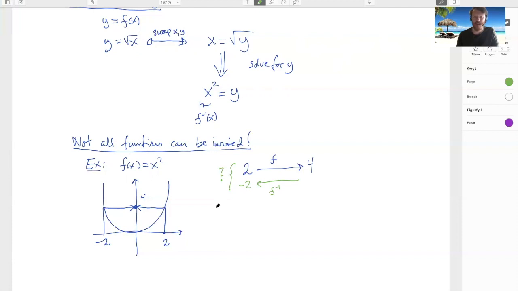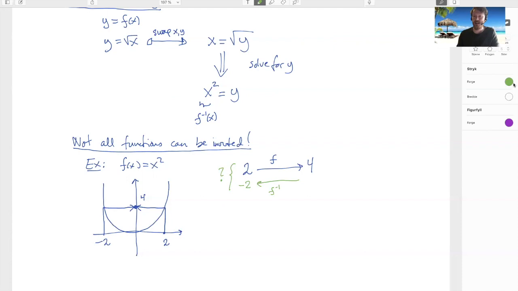We cannot invert a function that sends multiple x values to the same y value. We need to have one and only one origin, so one and only one input that corresponds to each output. And functions having this property are called one-to-one functions. So one-to-one functions are exactly those functions that you can invert.